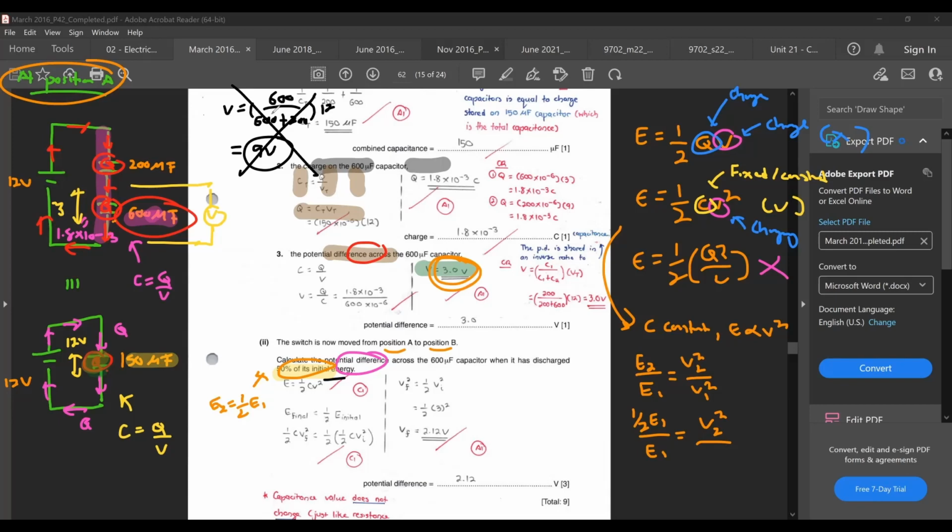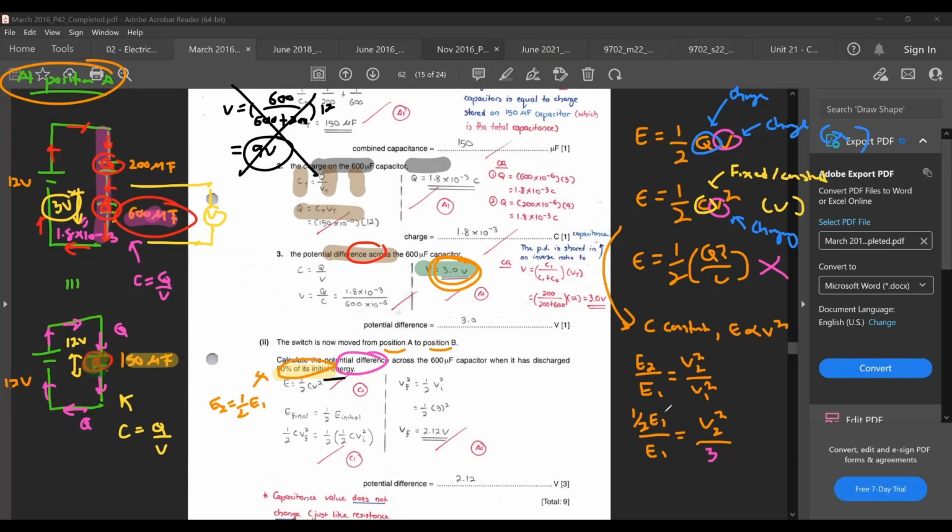It is already charged to 3 volts. So when you switch to position B and it is discharging its energy, the voltage would now drop. That is your V2 that you want to find out. Your V1 being 3 volts, this is what you expect to see.